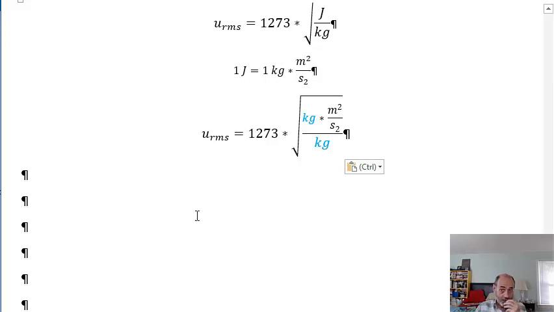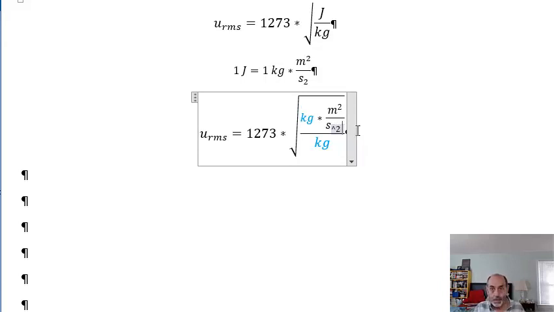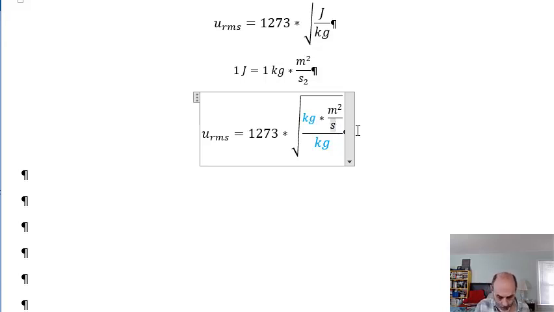So there it is. Now I've accented the kilograms because they cancel out, and you see you're left with meters squared per second squared. Whoops. Let me fix that, per second squared there. Let's try again. There we go.